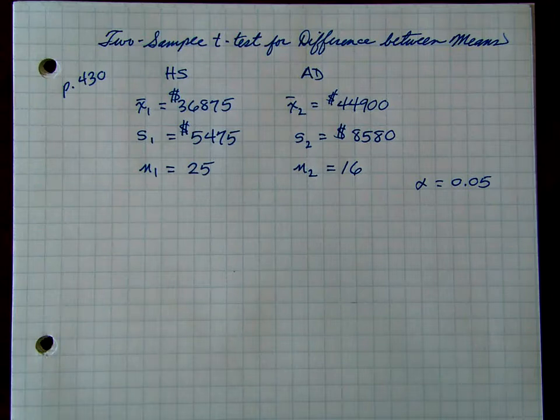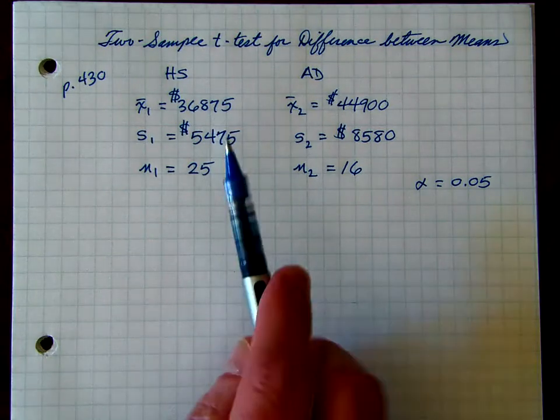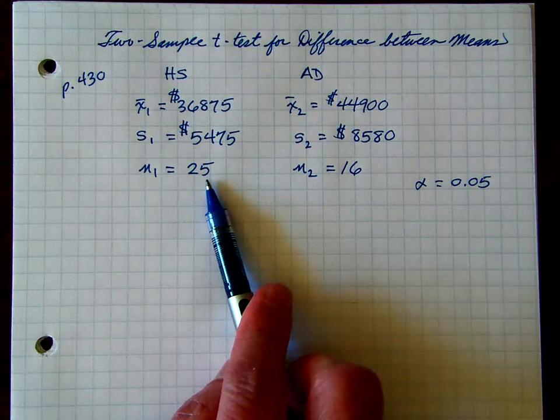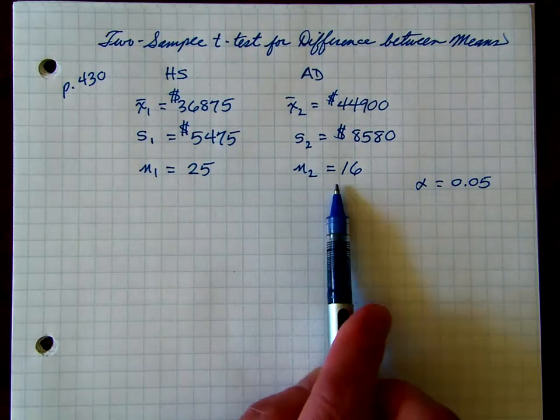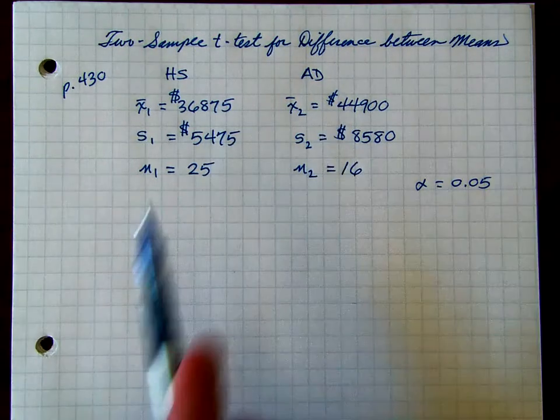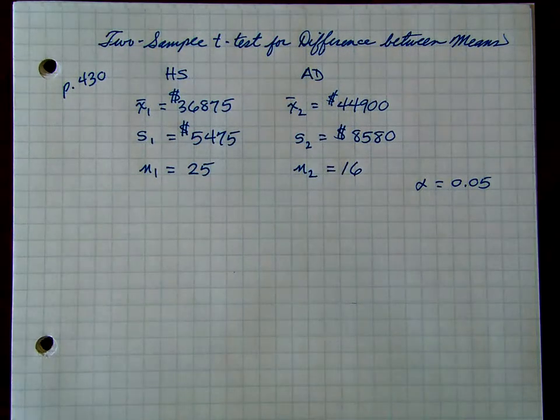The annual earnings of 25 people with a high school diploma and 16 people with an associate's degree are illustrated in this table. Can you conclude that there is a difference in the mean annual earnings based on level of education? Use alpha equals 0.05. Assume the populations are normally distributed and the population variances are not equal.